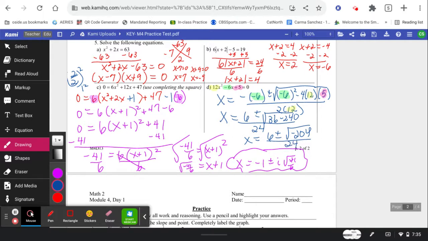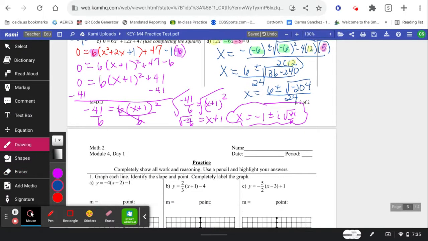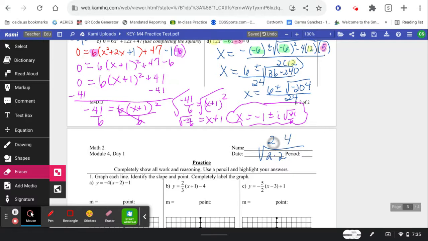Okay. I'm going to go down here for the 204, and I'm going to break that up. For sure, it can be divided by 2. It can also be divided by 4. Let me do this where there's a little bit more space.